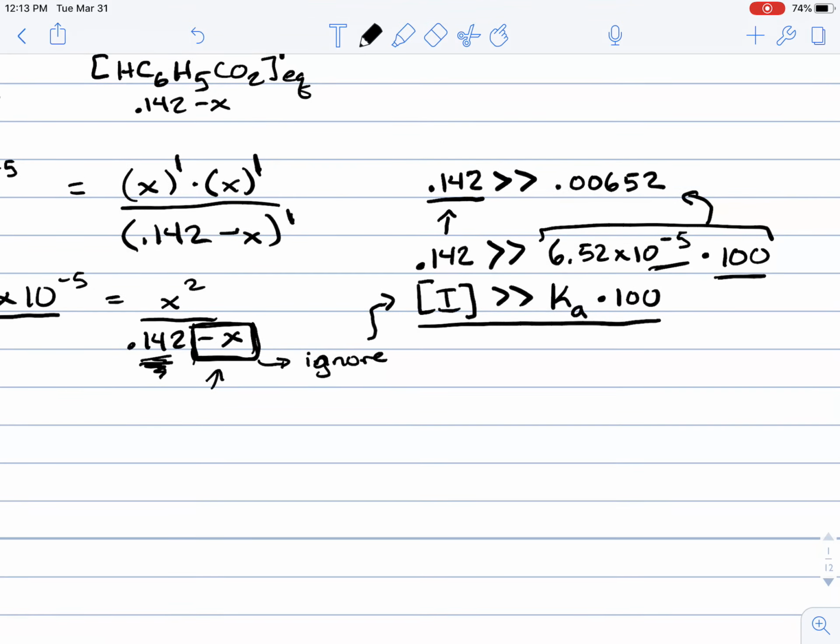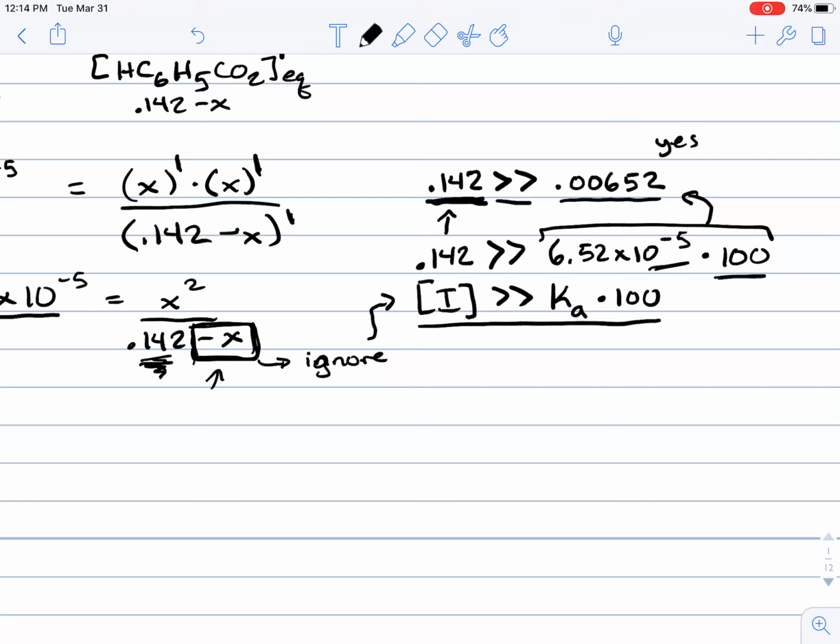Now, let's look at the result of this statement. Is 0.142 far greater than 0.00652? And the answer is yes, it is far greater. It's about 2 orders of magnitude greater. Yeah, it is 2 orders of magnitude greater.